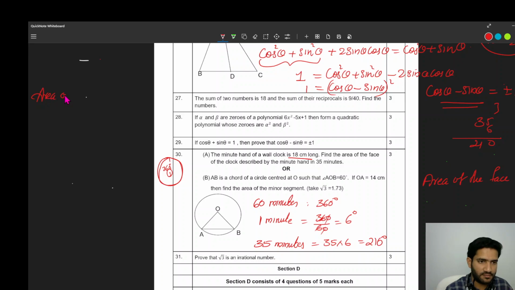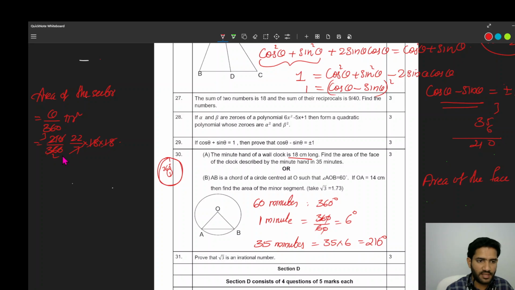Area of the sector is equal to theta by 360 pi r square. So theta, we found 210 by 360. Pi means 22 by 7. R square, the radius is 18 into 18. Okay, so we can cancel 0 and 0. We can cancel 2 and 21, it will be 3. Then we can cancel 18 and 36 two times.